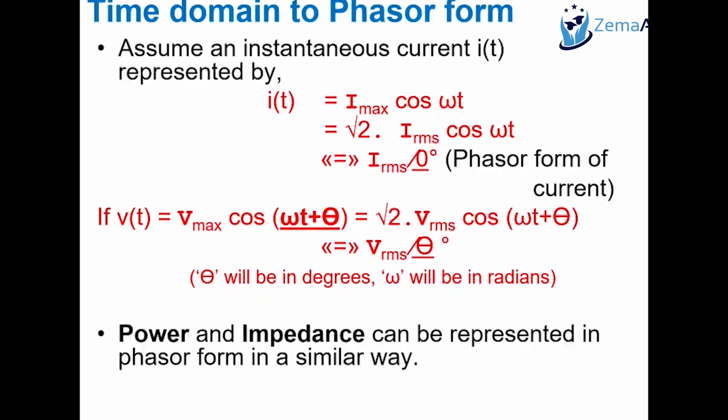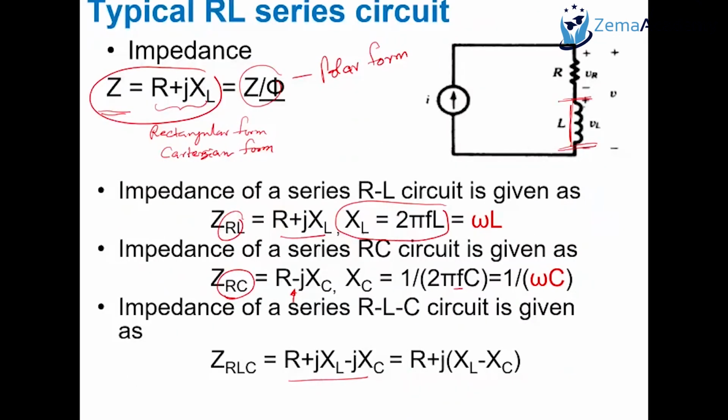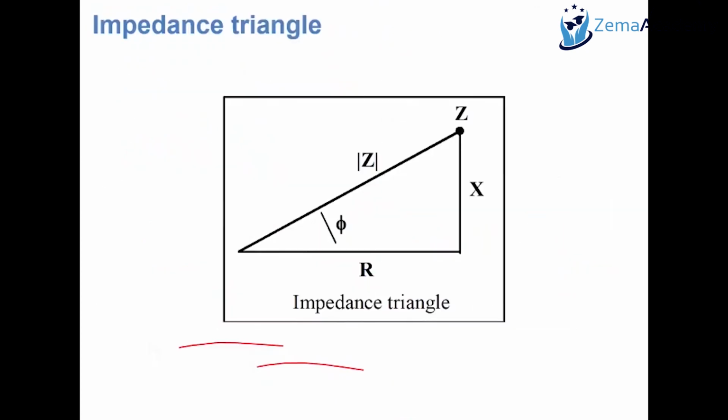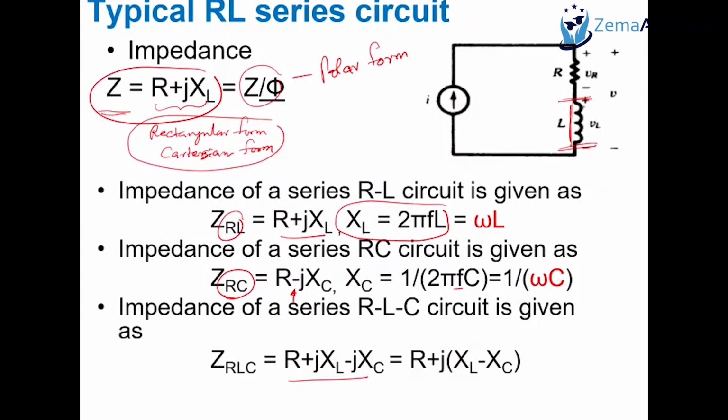Okay, so the next thing to learn is time domain to phasor form. On the previous slide, I showed the different ways that you can represent a complex number. Most of the impedances that we talk about, or currents and voltages, can also be represented in the same rectangular Cartesian form or also in the polar form.